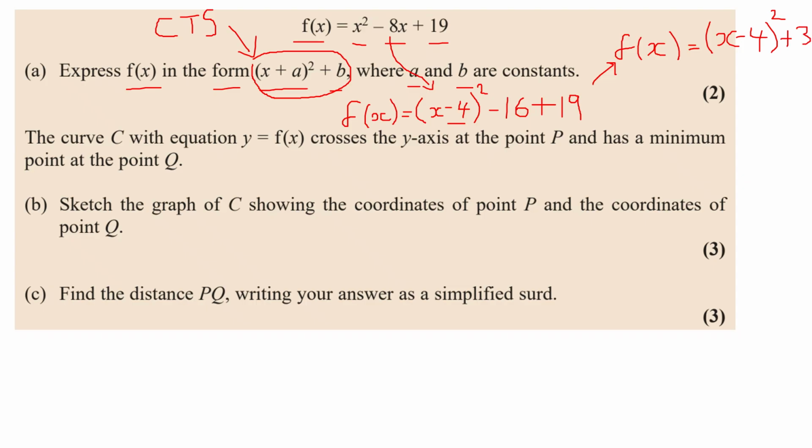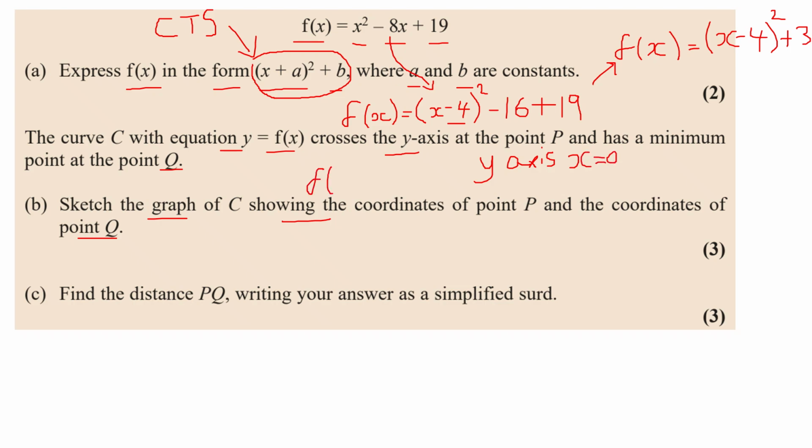Next up, the curve C with the equation y is equal to f of x crosses the y-axis at point P and has a minimum point at point Q. Part B, sketch the graph of C showing the coordinates of P and the coordinates of point Q. The y-axis, guys, is when x is equal to 0. So we set x equals 0, i.e. we have f of 0.